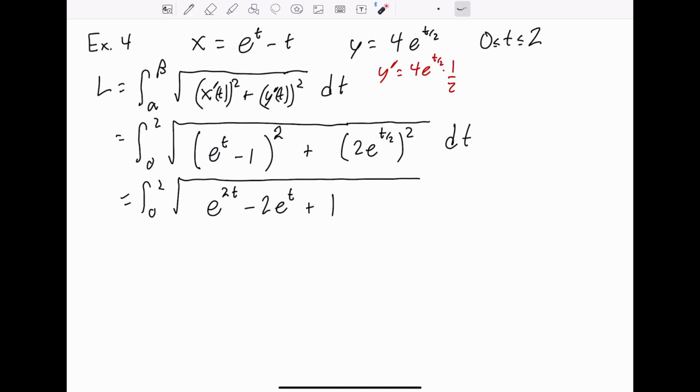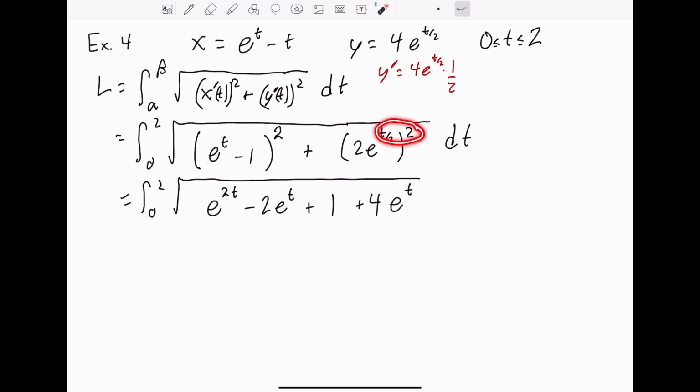And now we're squaring 2 times e to the t over 2. So 2 squared will become 4. And when we square e to the t over 2, rules of exponents say that we multiply the exponents together. So we have t over 2 times 2. So we're going to get plus 4, that's 2 squared, e to the t.